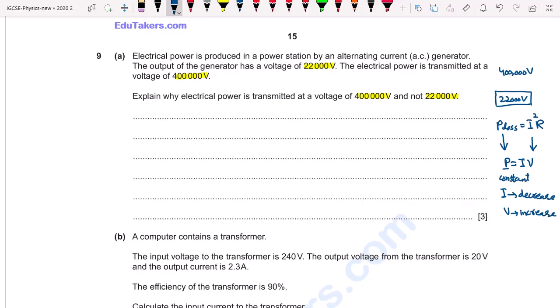When the voltage is increased, it means that the transmission of the electrical power is at a higher potential, that is 400,000 volts, and when power loss is less, energy will be more, and the device should be more efficient.